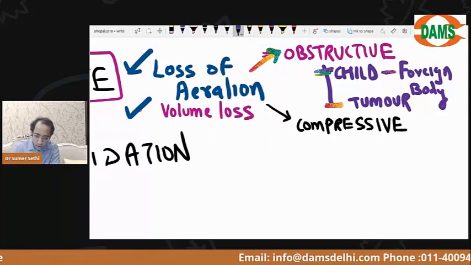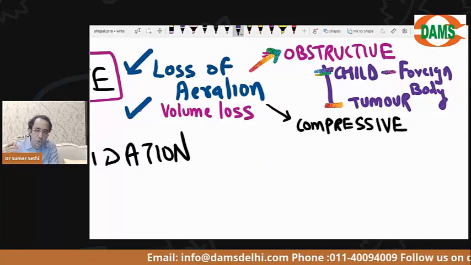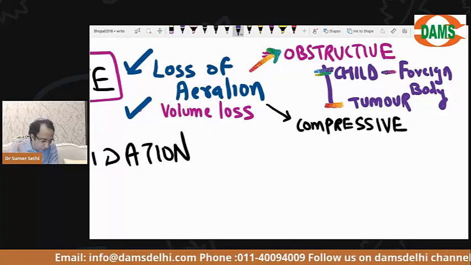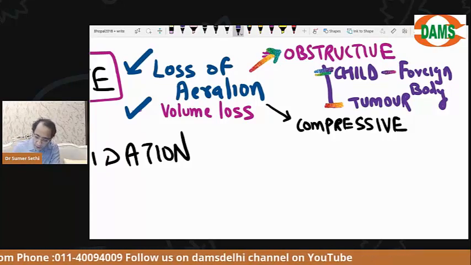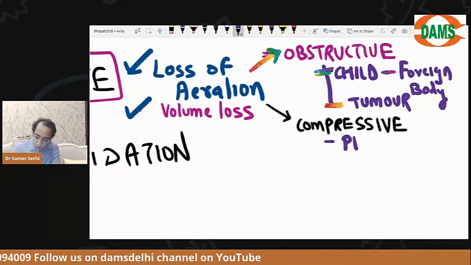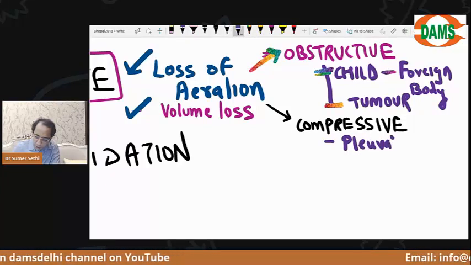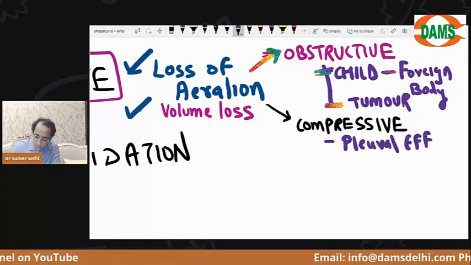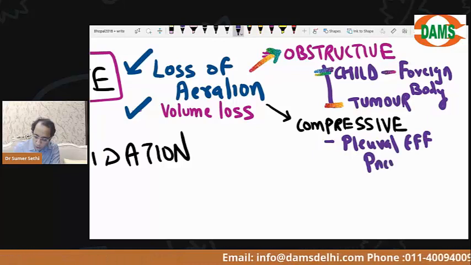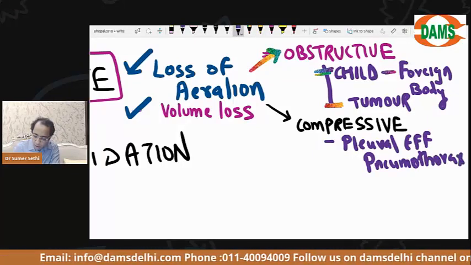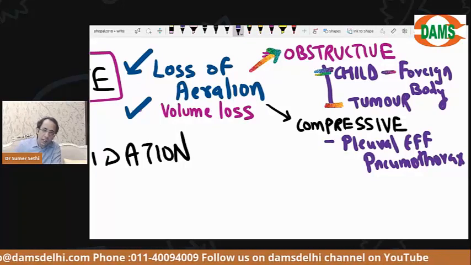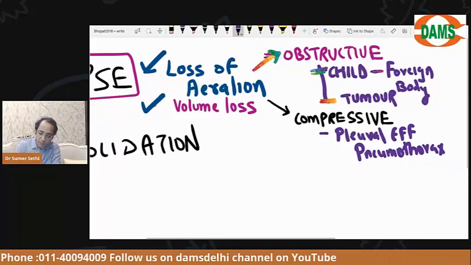But do not forget, collapse of a lung lobe can also be compressive. Can you name any disease which leads to compressive collapse of the lung? Compressive collapse is due to pleural pathologies, like massive pleural effusion or pneumothorax. The presence of air or fluid in the pleura compresses the lung and causes a compressive collapse.